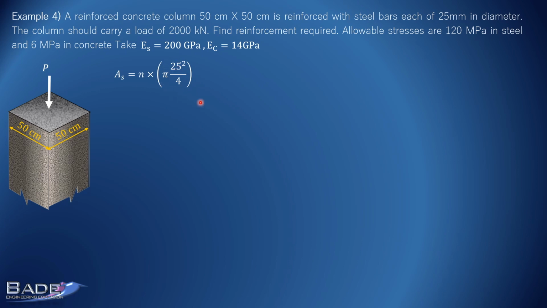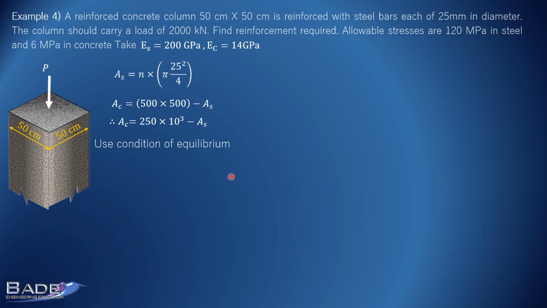So area of steel we know, in terms of N, of course. Now area of concrete is 500 millimeters by 500 millimeters, that is the total cross-sectional area, and we should subtract the steel area. So concrete area is 500 into 500, that is 250 into 10 raised to 3, minus A_S.